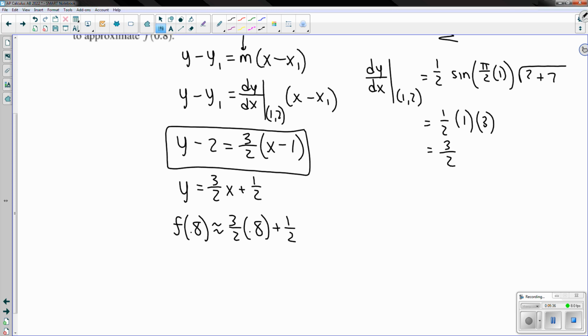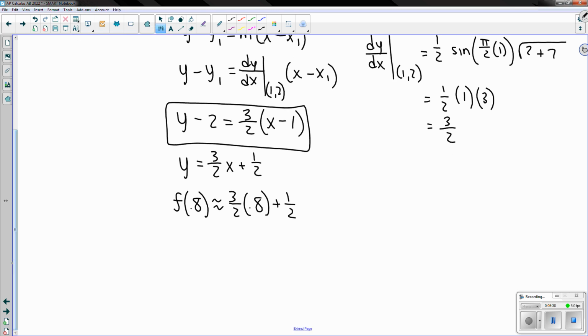Now on the AP exam, you don't have to simplify arithmetic, so we're good there. But if we do want to clean this up a little bit to get a nice clean answer, we can convert over to fractions. So 3/2, 0.8 being 4/5, plus 1/2. So we're going to get approximately 12 over 10, which is 6 over 5, plus 1/2.